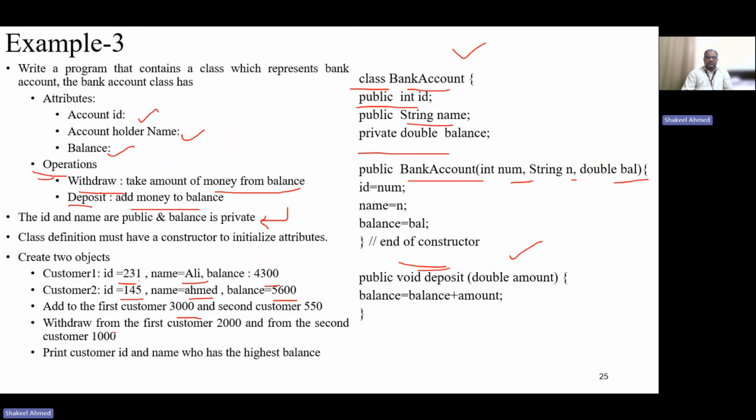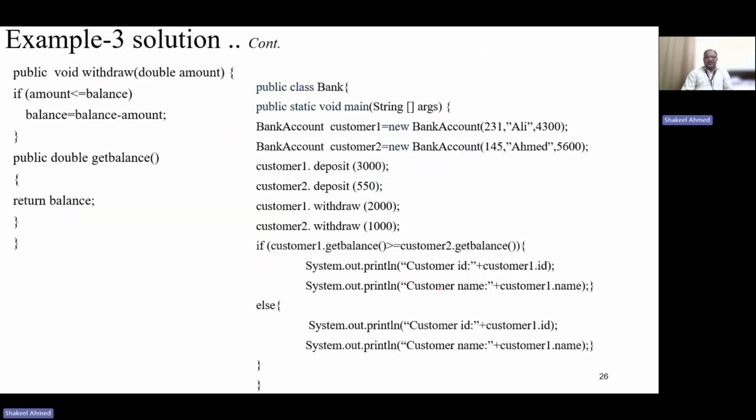For the next method, withdraw, the first customer withdraws 2000, so his 2000 will be reduced and he has 1000 left. At the end you print out the name and the balance they have. This is the constructor you are using.